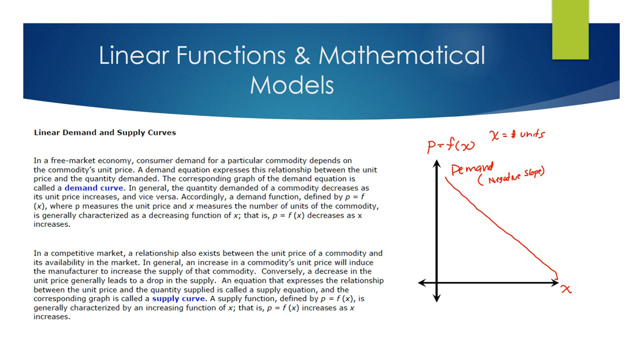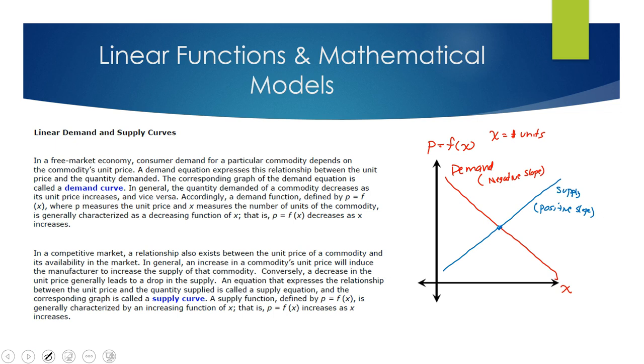So generally, the supply curve, if it's linear, will kind of go up in this direction. It's going to have a positive slope, because again, as the price increases, the more units they're willing to put out into the marketplace.